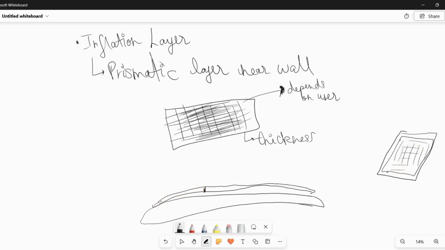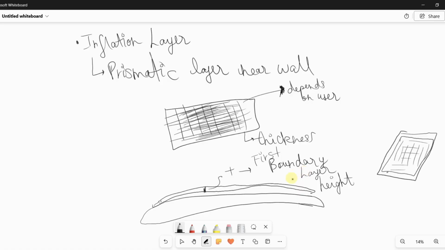This thickness, some thickness T, is what we call the first boundary layer height, or the first layer height in short, right?